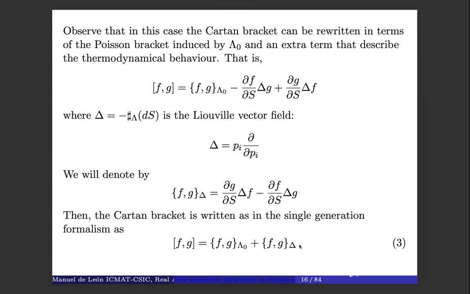It can be written in this way using this Lambda_0 tensor. This Delta is the Liouville vector field, the usual Liouville vector field, and so we can prove that this Cartan bracket is a sum of the bracket defined by Lambda_0 and the bracket defined by Delta in this way.